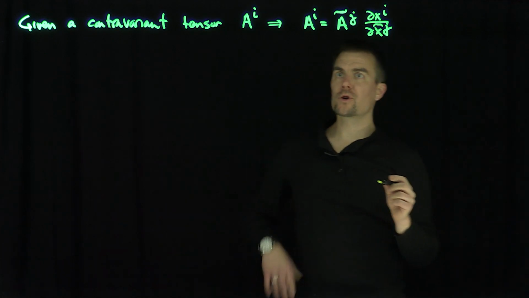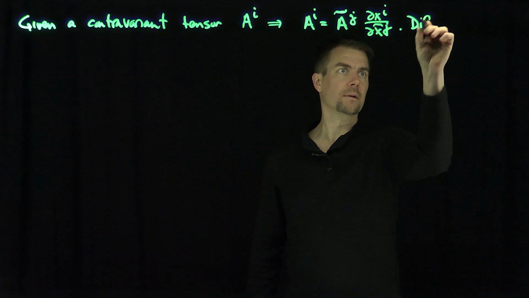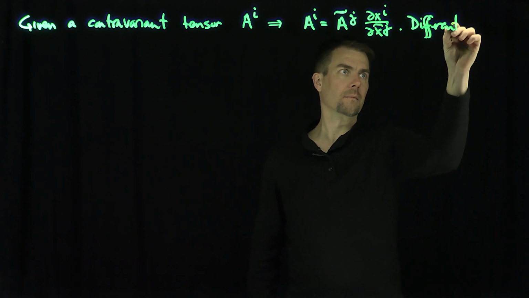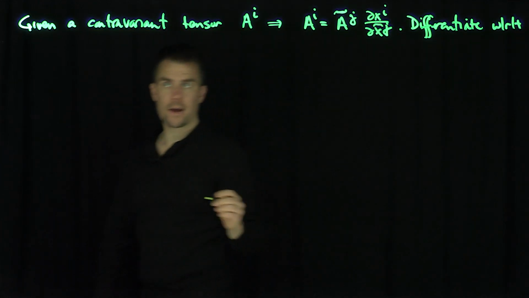And now let me take this equation and differentiate with respect to x^k.